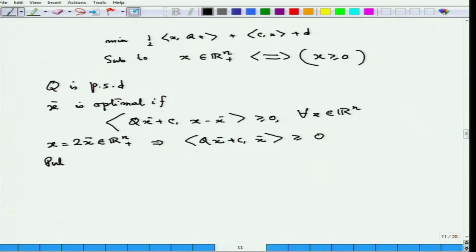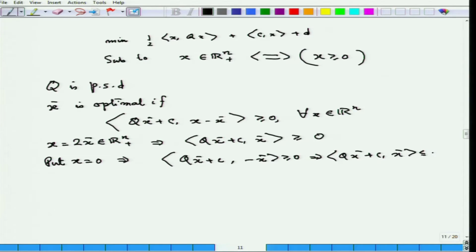Now, put x equal to 0. From this equation it will imply that, plugging in, first I plugged in 2 x bar here and then plugging in x equal to 0 here, I will have minus x bar, greater than or equal to 0, which implies Q x bar plus c times x bar is less than or equal to 0.